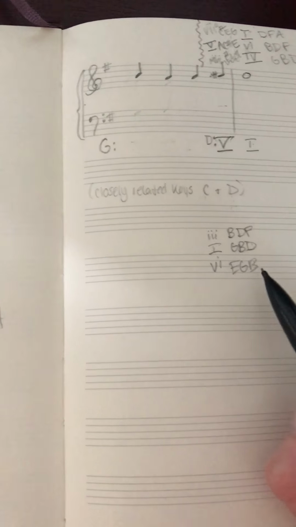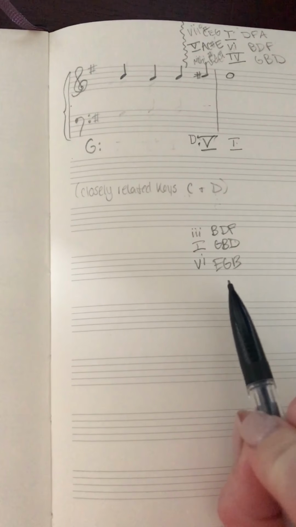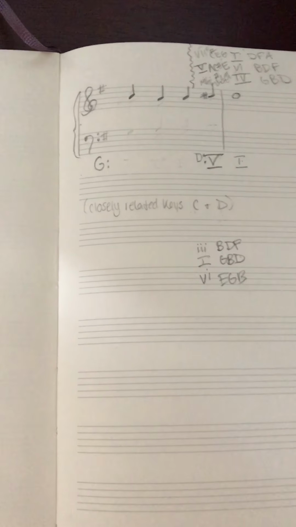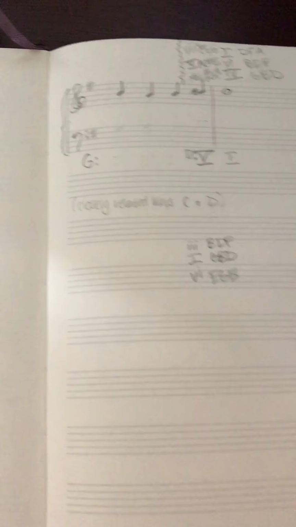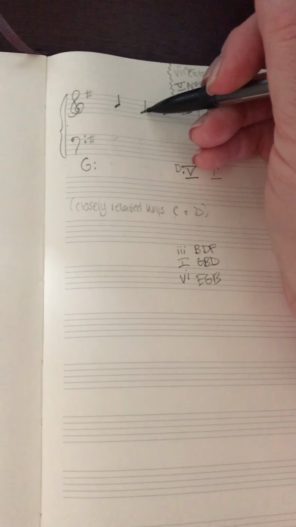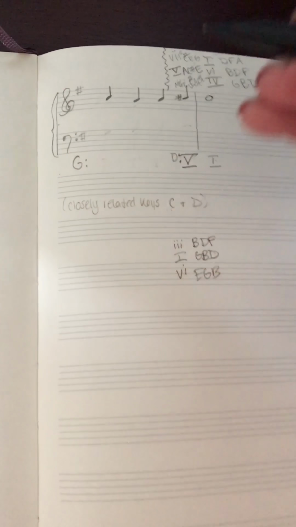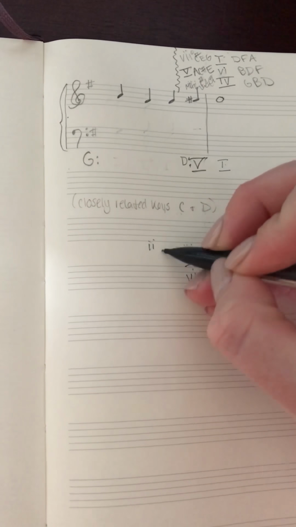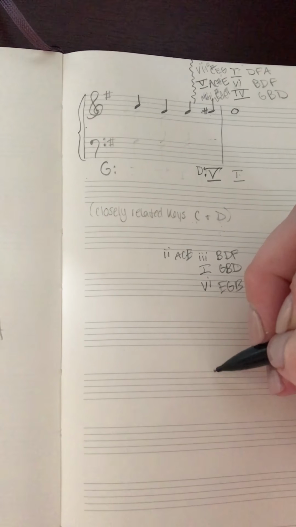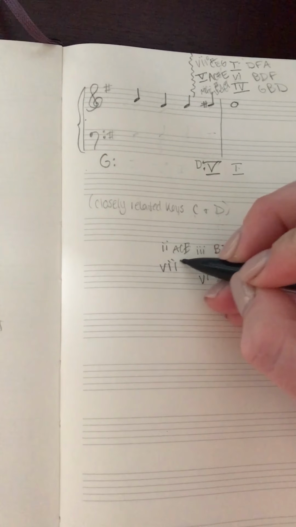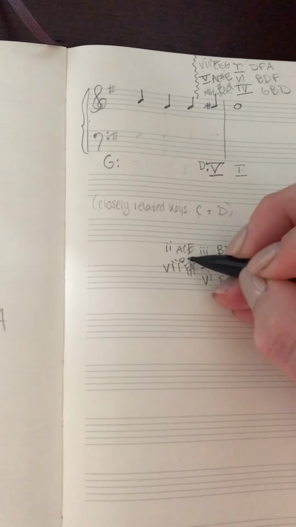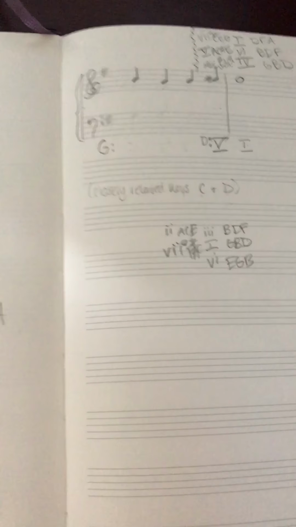All right, before we actually decide on what we're going to pick here, let's go ahead and look at the other notes as well. So you have all the information and then you can decide how you want to harmonize it. So backtracking even further, we've got A. Our chords that will have A in them will be 2, A, C, E. It's going to be 7, F sharp, A, C. It's in our key signature.